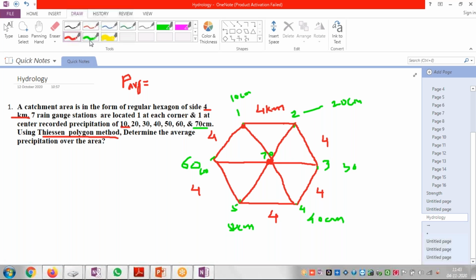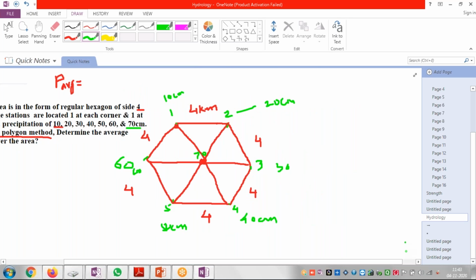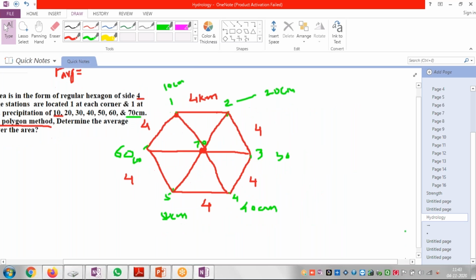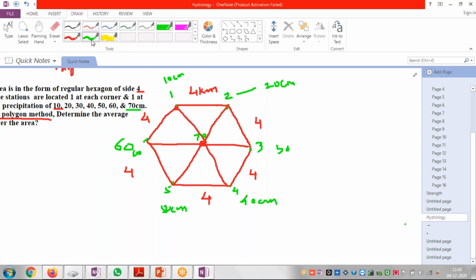Now the method of making the Thiessen polygon is that we draw perpendicular distances. Okay, first I will do it here, then we will make a bigger diagram. So what is the procedure? We take the perpendicular bisector of each side, right?